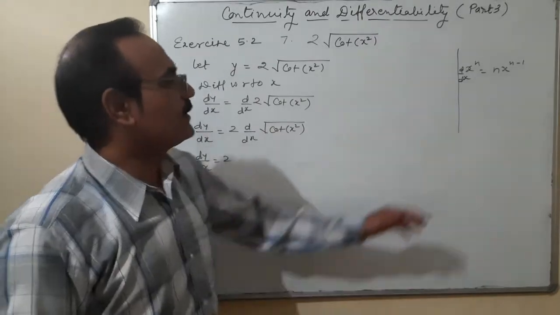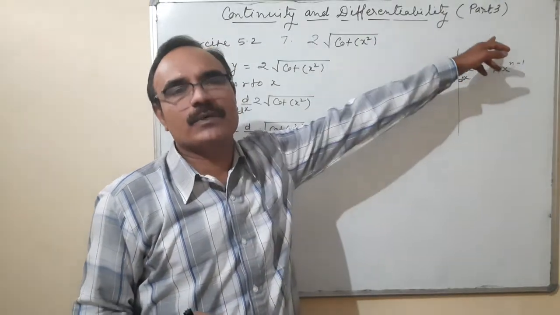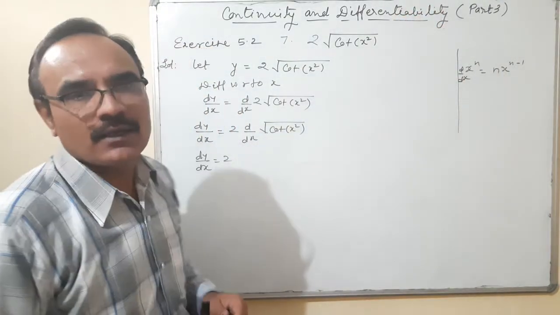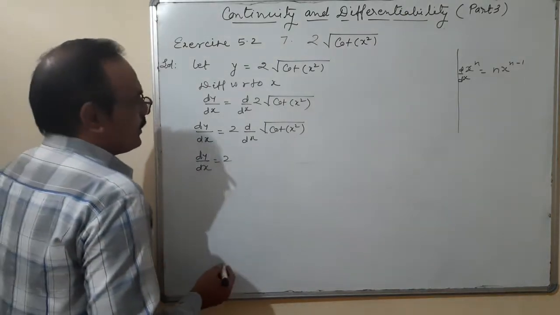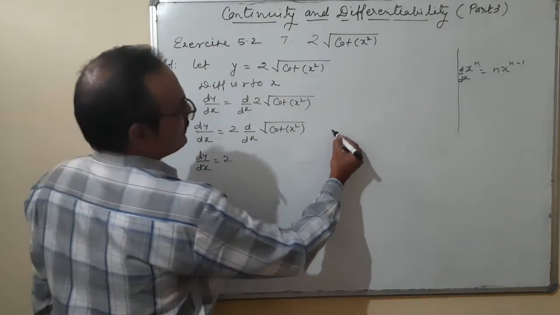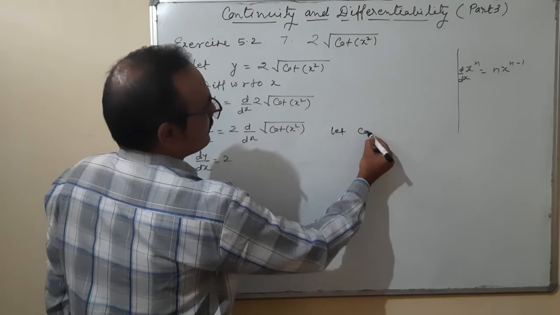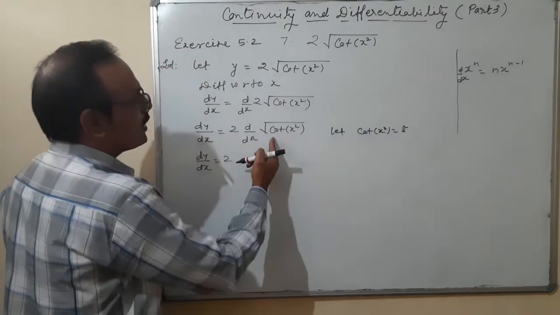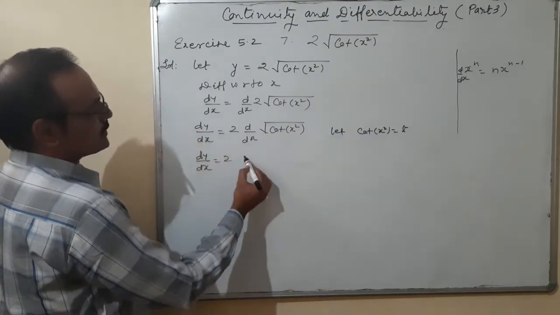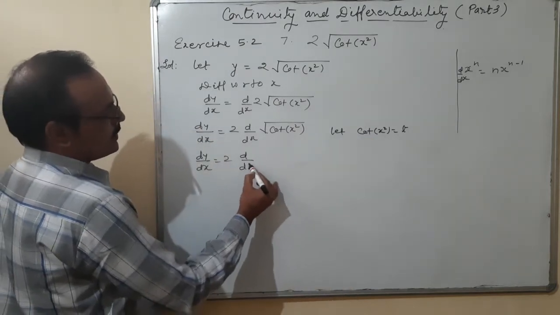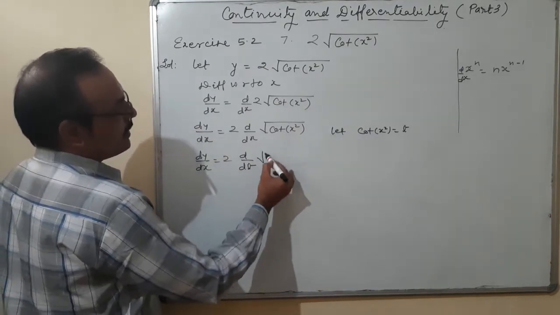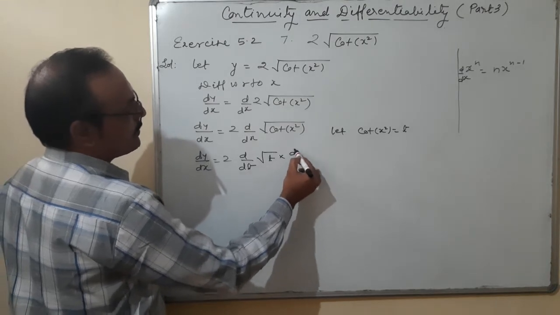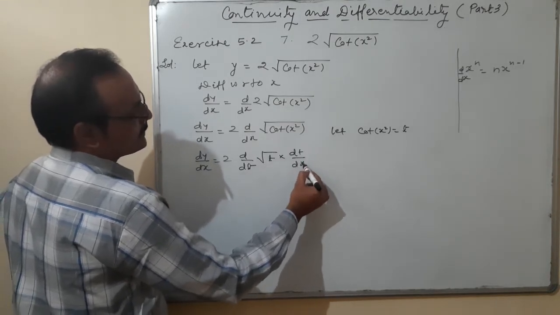And for t to the power 1 by 2 we have a direct formula, x to the power n, n x to the power n minus 1. So I will consider let cot x square is equal to t. What is coming here? 2 dy by dt of under root t multiplied by dt by dx.